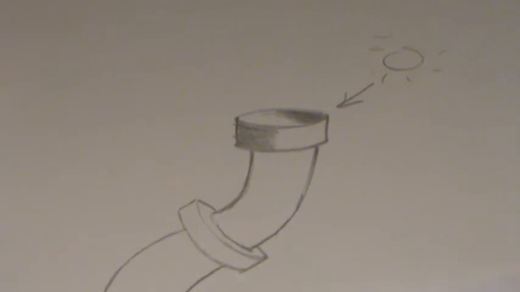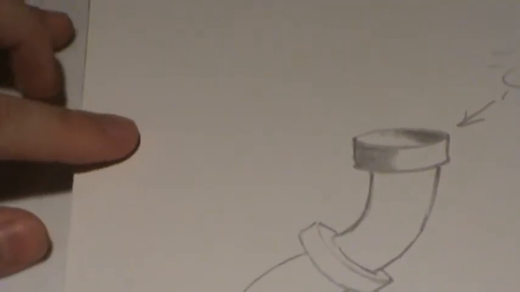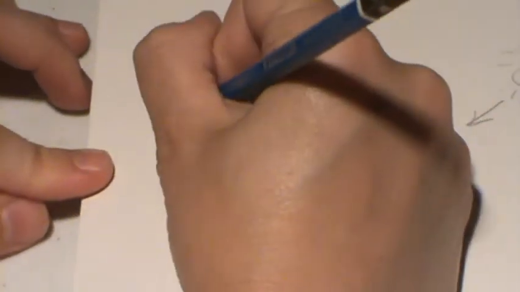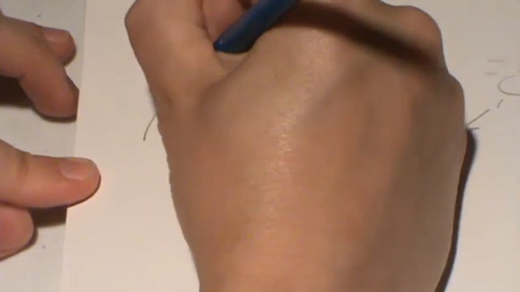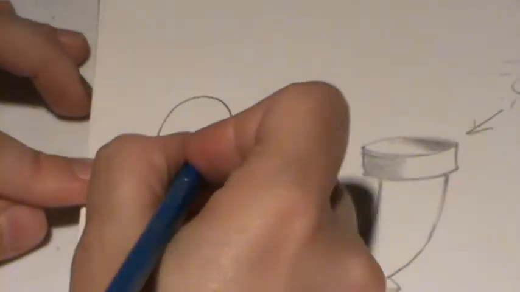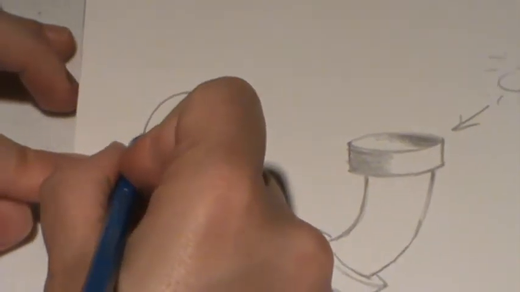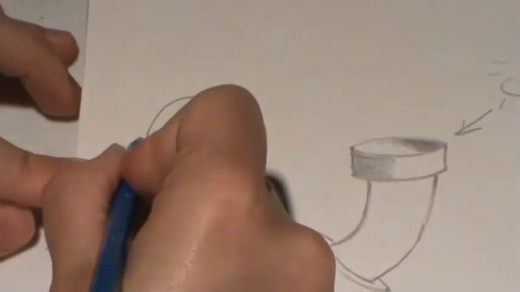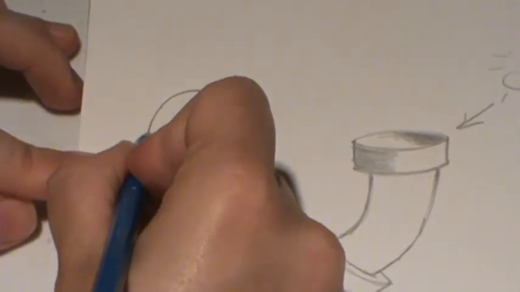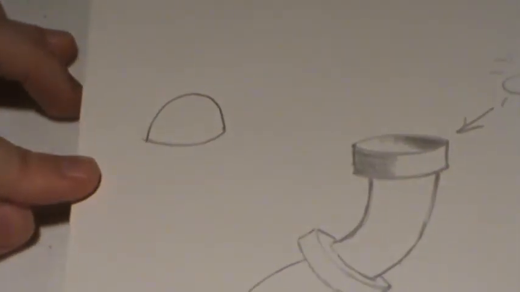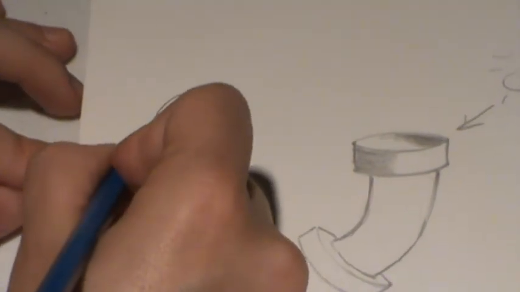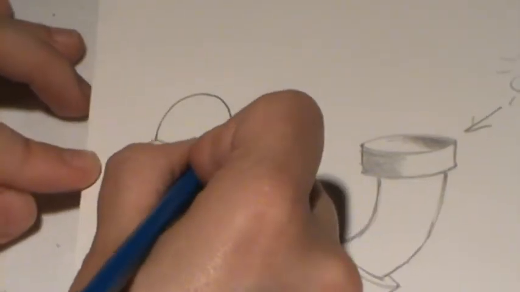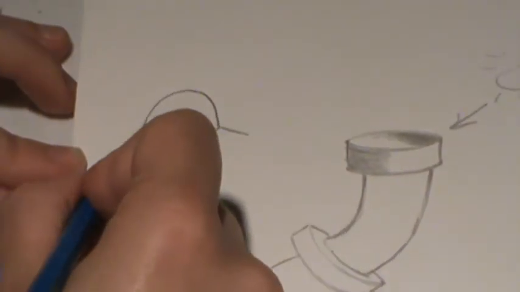Last but not least is having UFOs. UFOs, the way I usually draw them, is starting with kind of a U shape for the glass part of the UFO where the little alien dude would sit. Having that bottom be slightly rounded. Again, it's not a straight line across the bottom. Then I have my lines coming down for the sides of the ship.